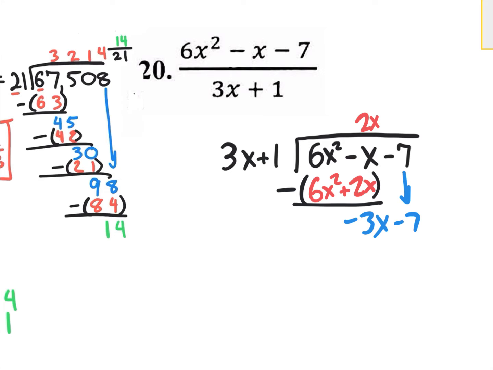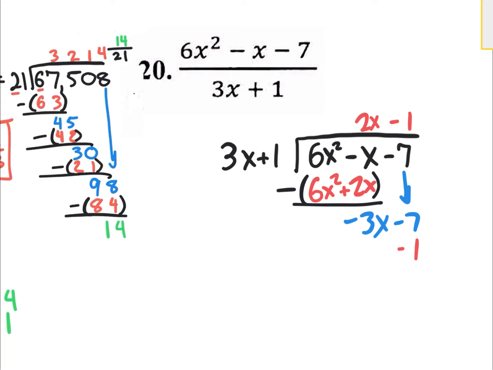And once again, first term 3x times what will give us this exact first term, negative 3x? Negative 1. I need it to be exactly the same, right? So negative 1. Why do I need it to be exactly the same? Because when I subtract the same exact value, that's when it cancels out, okay? So anyways, let's distribute. Negative 1 times 1 is negative 1.